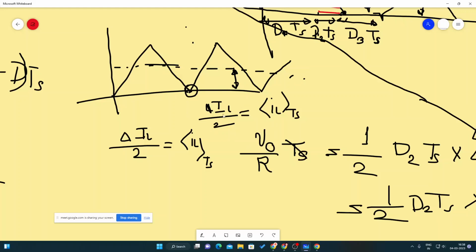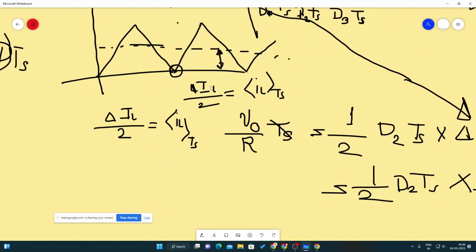Because under this condition the minimum value will be 0. Other than that, the area under the inductor current is much greater than the area under the ripple. It's the area that is captured by the ripple.